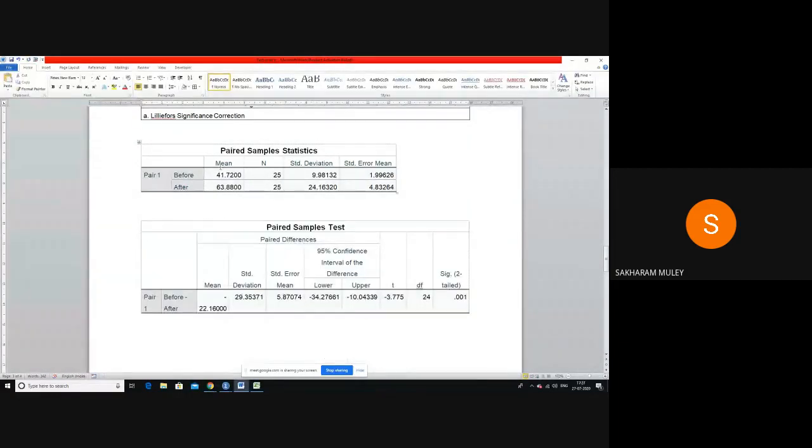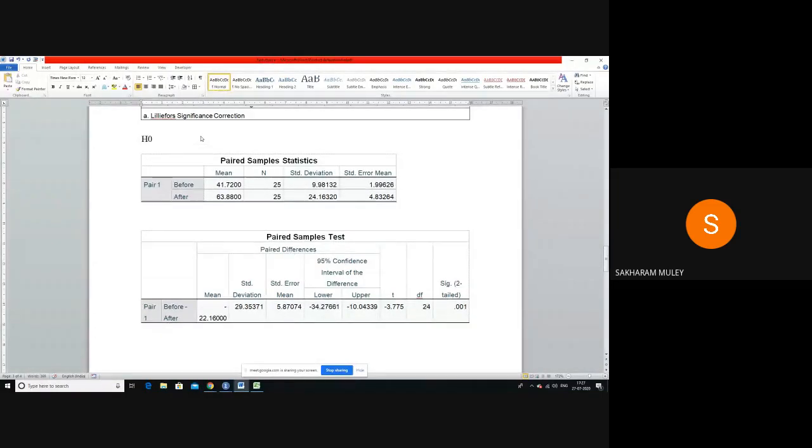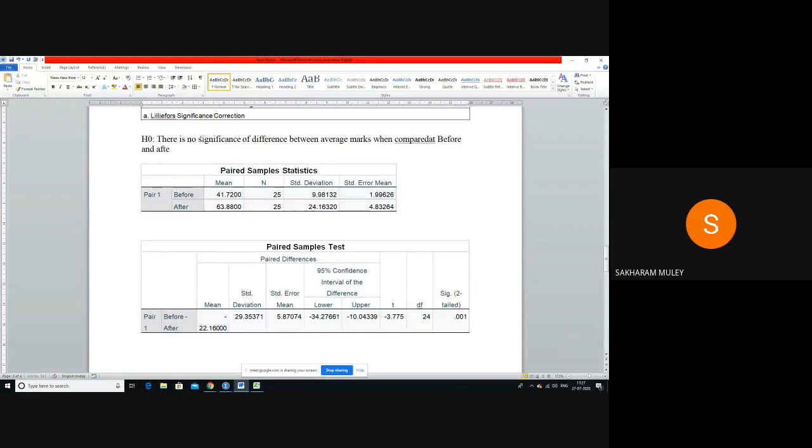So the null hypothesis is H0. We write and we say, there is no significance of difference between average marks when compared at before and after, let us say, lecture.